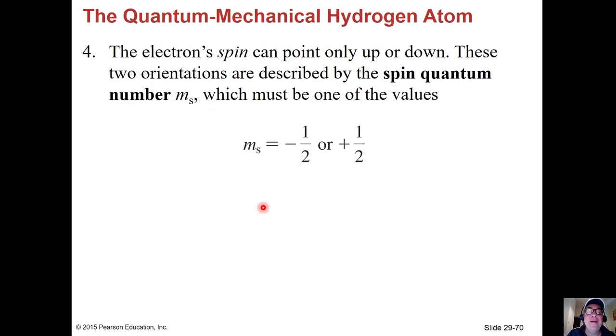Okay? And then we've got one more called the electron spin, and this can be spin up or spin down. When m sub s is plus 1/2, that's called spin up. When m sub s is equal to minus 1/2, that's called spin down. Okay, so we'll see how that works out here in just a second.